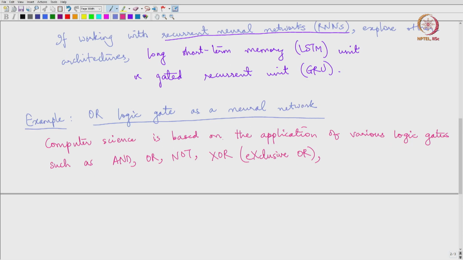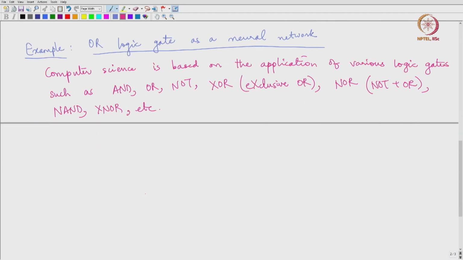Then you have NOR, which is basically NOT plus OR, and things like NAND, NOT plus AND, XNOR, NOT plus XOR, and so on. So there are various logic gates and all of these find use in different kinds of operations.